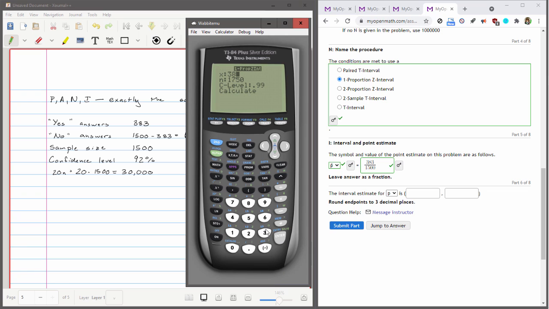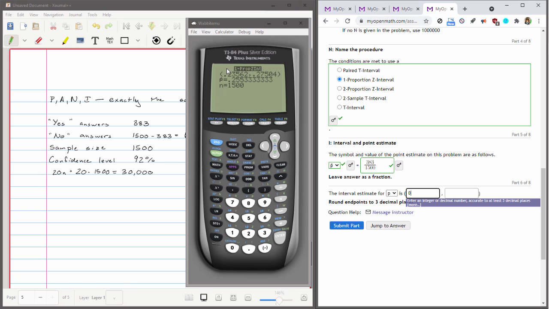We had 383 yes answers out of a sample size of 1,500, and our confidence level is 92%, so we'll say 0.92, calculate. We have 0.236, since the next digit is a 5 and after that a 6, so we round up. And then 0.275, and the next digit is a 0, so we round down, and we submit.